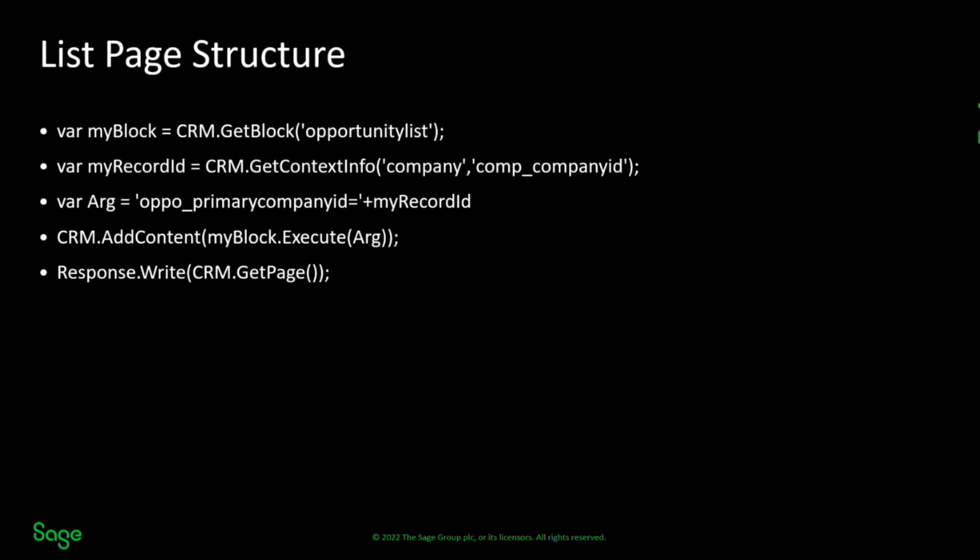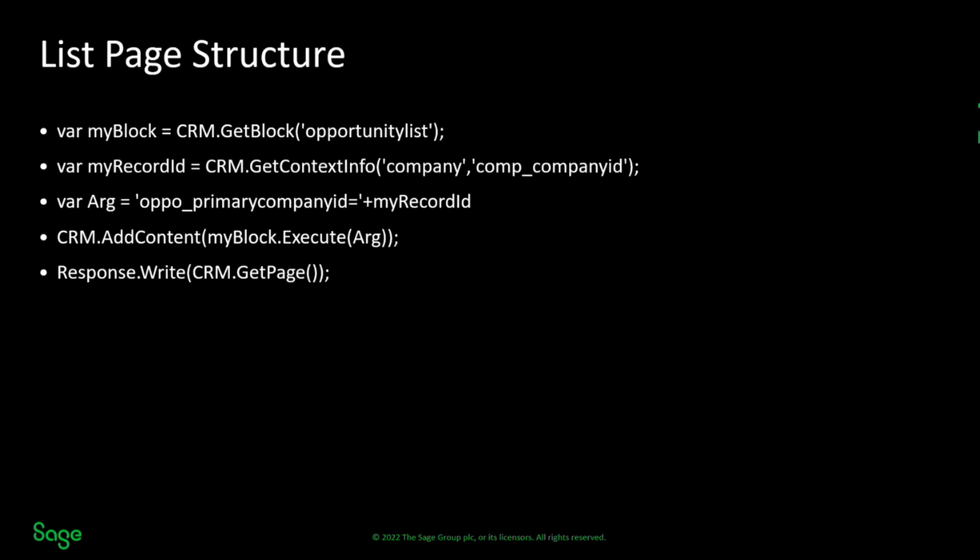Once the add content is done, I can then invoke the page with the crm.getPage method. That does have an override. We can pass into that a changed tab bar if we wanted to, and there are other changes we can make to add emphasis to a particular tab within the tab bar.